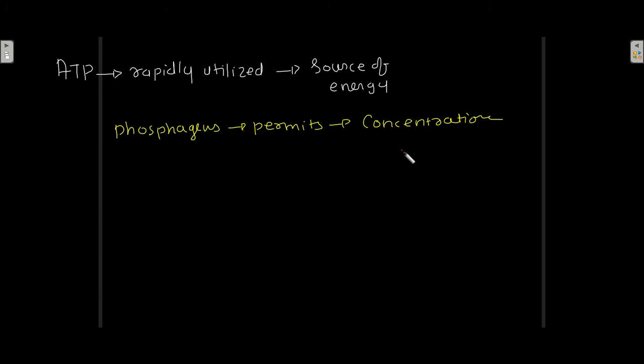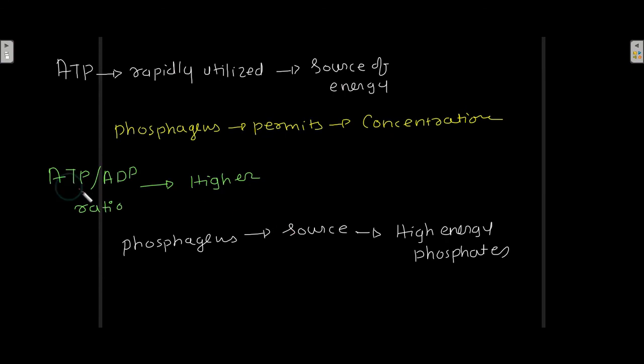Okay, the ATP concentration remains normal because of phosphagens. But when the ATP to ADP ratio is higher, then the concentration of phosphagens can increase, and these phosphagens then can act as a source of high energy phosphate.